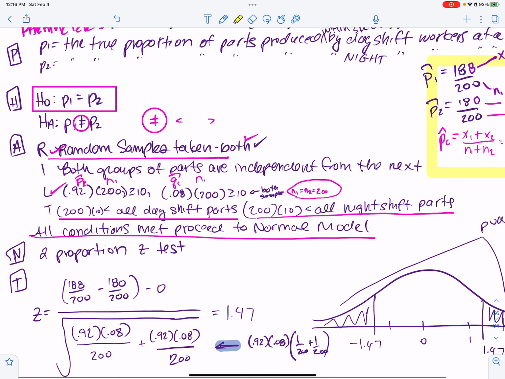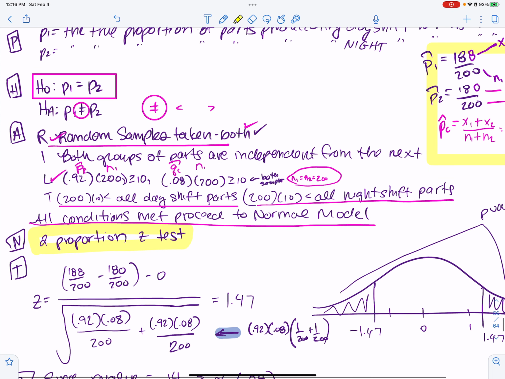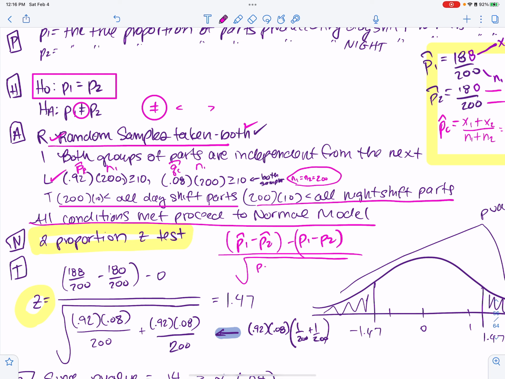And the normal model that we're doing allows us to do what's called a 2 proportion z-test. The first thing I have to do is find my z-score. So the formula I'm actually using is P1 hat minus P2 hat minus P1 minus P2, all over the square root of PC hat, which is my P pooled, QC hat over N1 plus PC hat QC hat over N2.